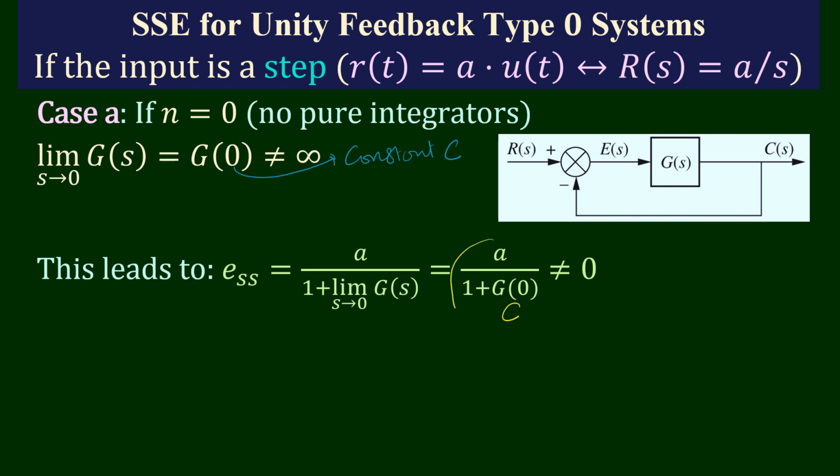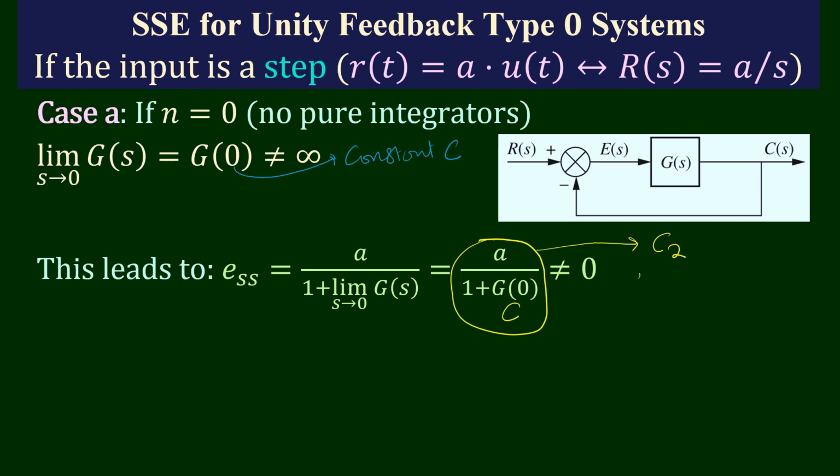So definitely this whole thing will be a constant value which is not equal to 0, and maybe this is equal to something c2. Whenever the value of g0 is increasing, the steady state error will be decreasing.